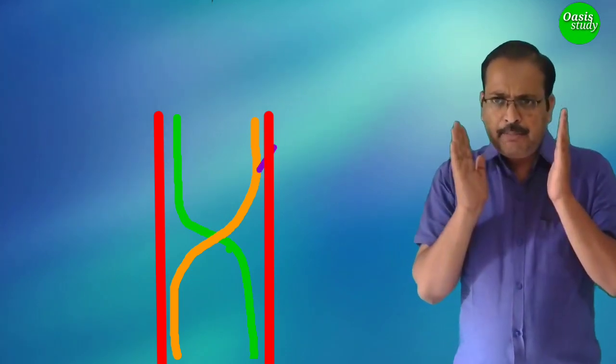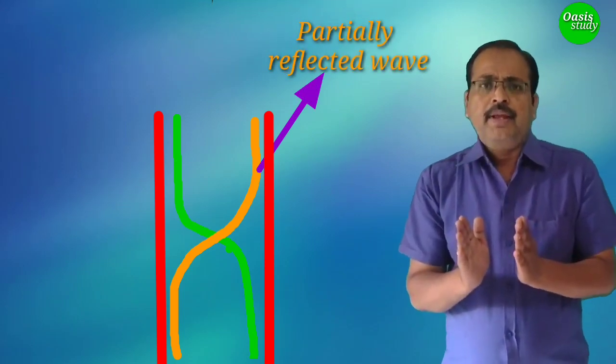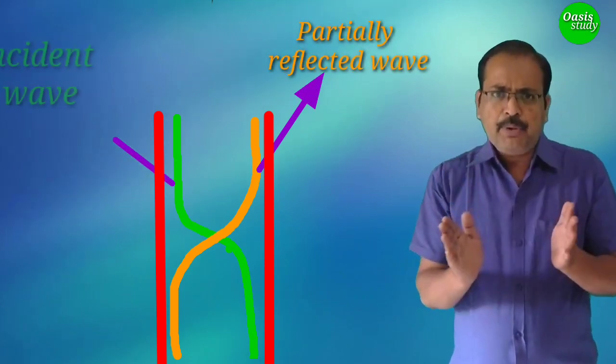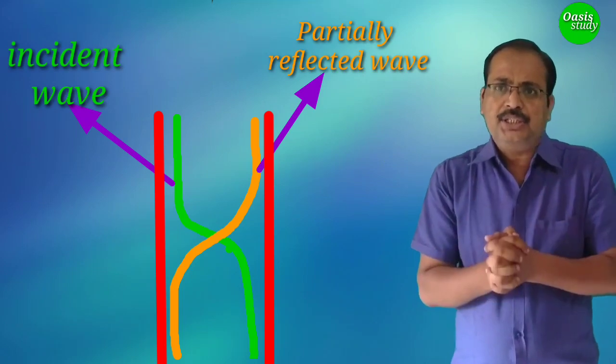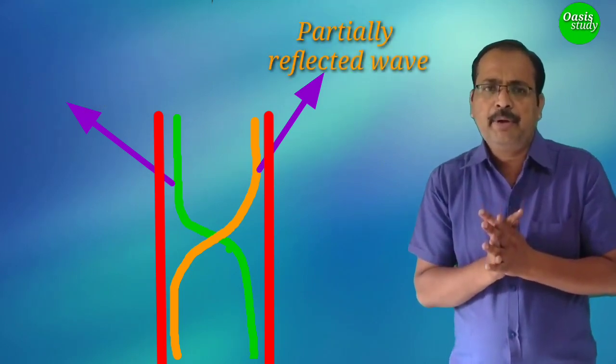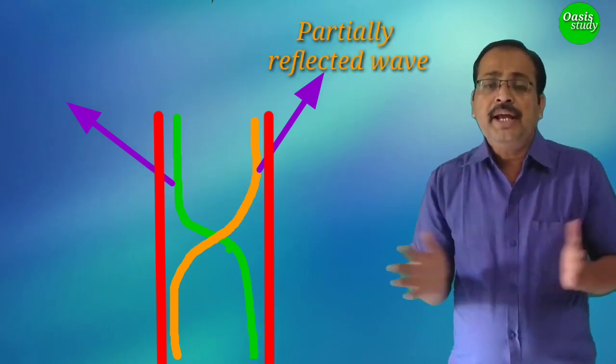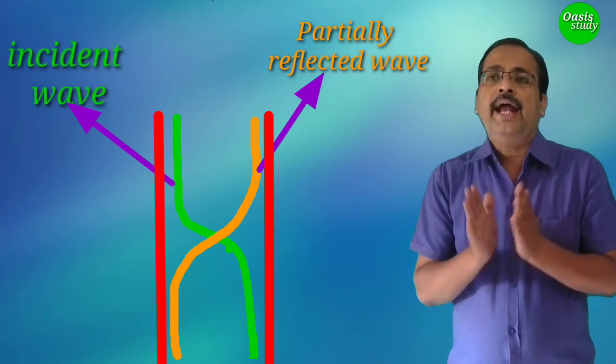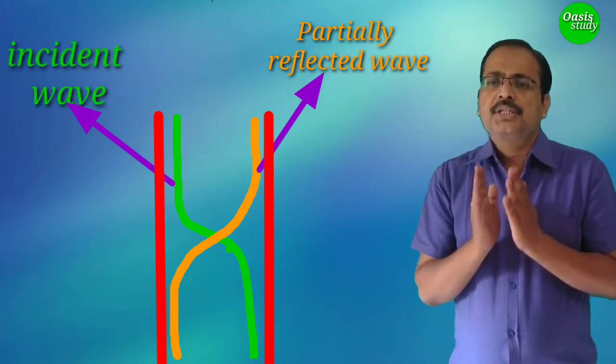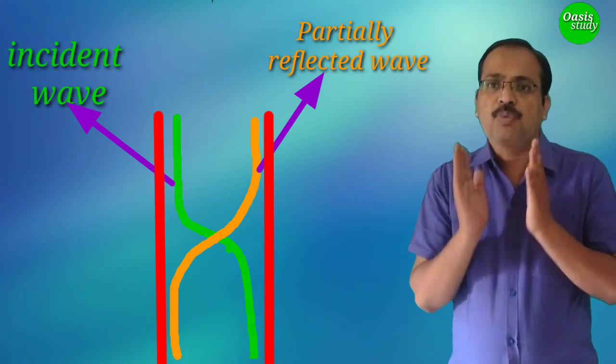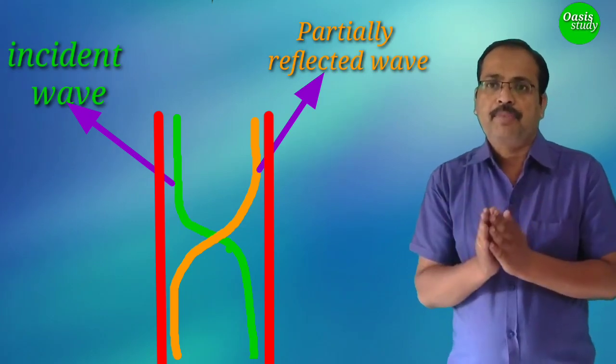The partially reflected wave and the incident wave interfere with each other, and longitudinal stationary waves are formed in the pipe.